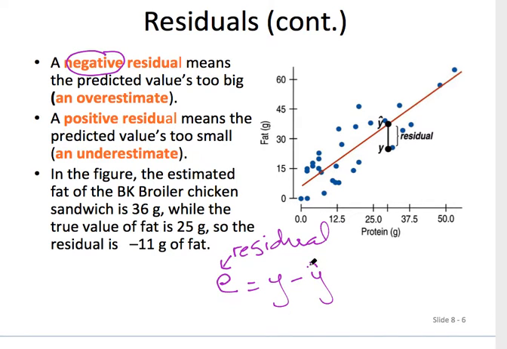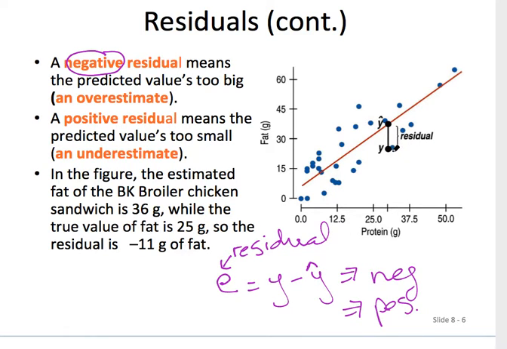The only way we would get this to be negative is if the y hat is an overestimate, because y hat is larger. When it's positive, it's an underestimate because the predicted value is going to be less.